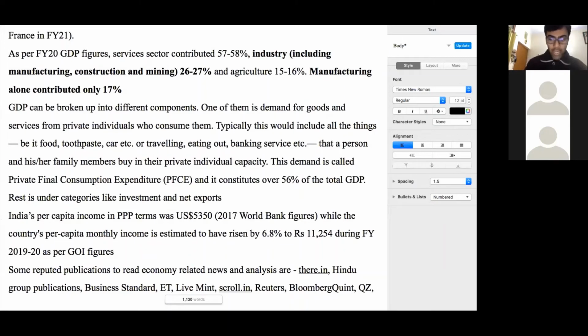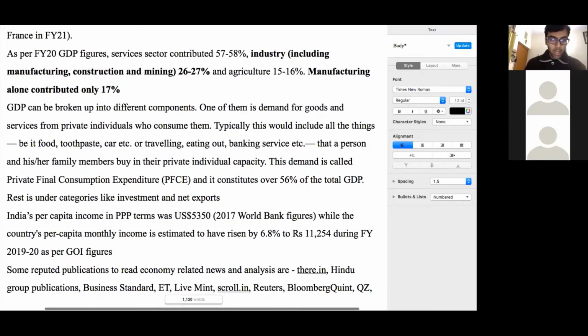QZ is also a very nice international publication that covers India also fairly well.